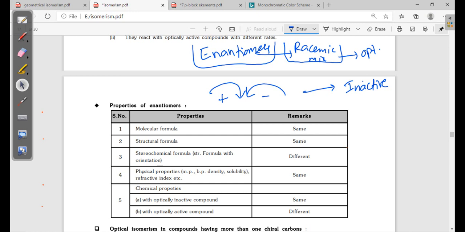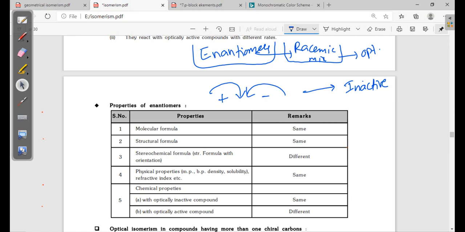So this phenomenon is known as external compensation. Due to external compensation, the racemic mixture's optical activity is zero. Due to external compensation means one compound rotating clockwise, the other compound rotating anti-clockwise, both getting cancelled.